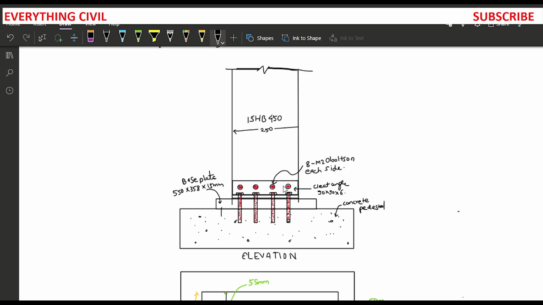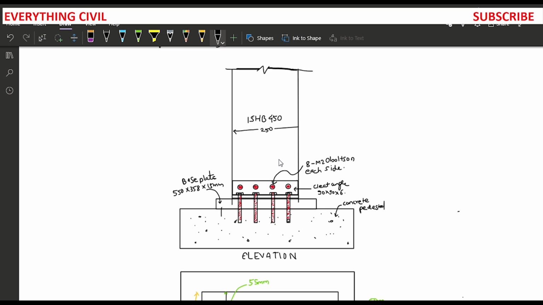The red dots that you see are the bolts. I have written 8 M20 bolts on each side. In this elevation you can only see one side, so on the opposite side there are 8 more bolts. The base plate size is written here, 550 by 358 by 15 mm, and this is the concrete pedestal. As you can see, the bolt goes through the cleat angle to the base plate and finally into the pedestal, and this is our flange width, that is 250 mm.